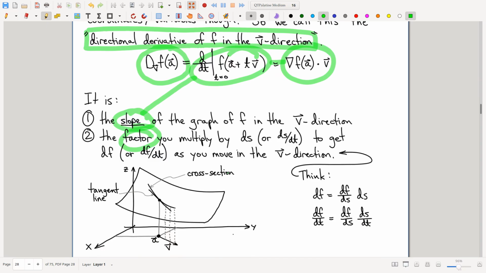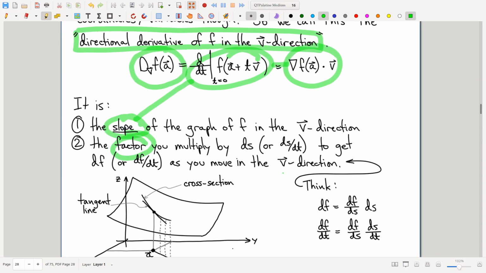We've talked about partial derivatives, now directional derivatives, visualized like so, computed like this, are the slope of the graph. And so here's a graph of some function, and you're at some point A, and you look at the corresponding cross-section in that direction that you're talking about, and that slope will be that directional derivative.